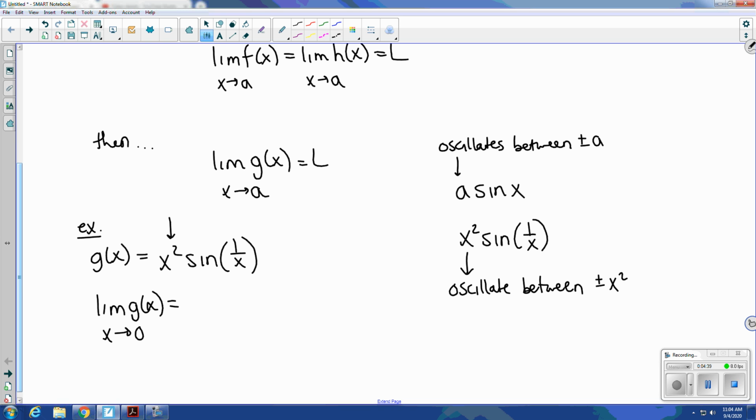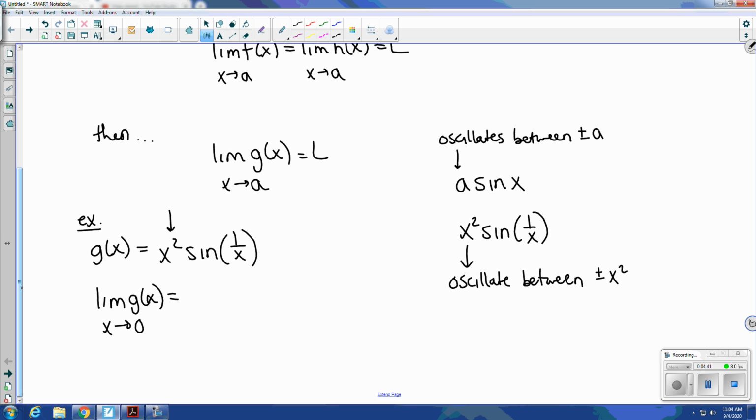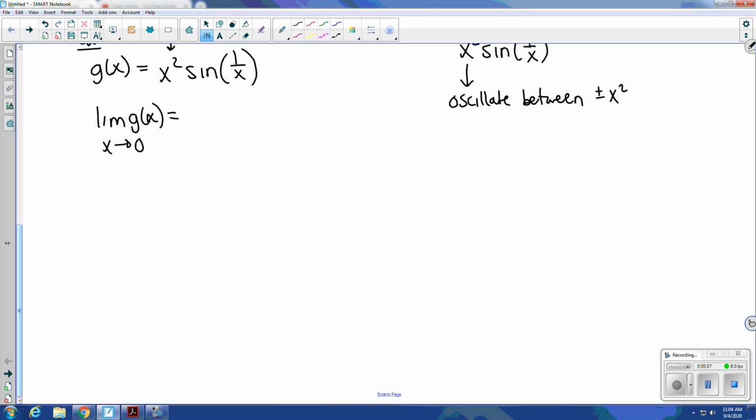And because I recognize that, I can make the determination that this x squared sine of 1 over x is stuck between x squared and negative x squared. That sounds a lot like the squeeze theorem we just defined. And it's easy for me to compute a limit of x squared and negative x squared. And if those happen to be the same, then I can make the determination on the original limit question.